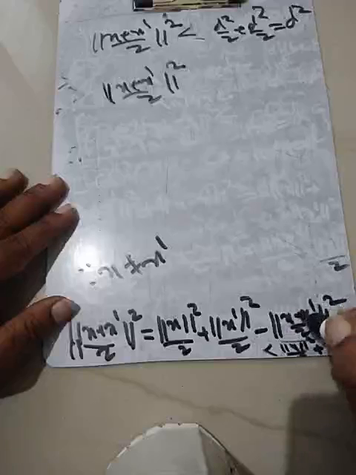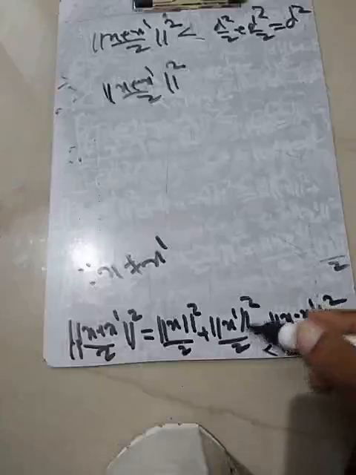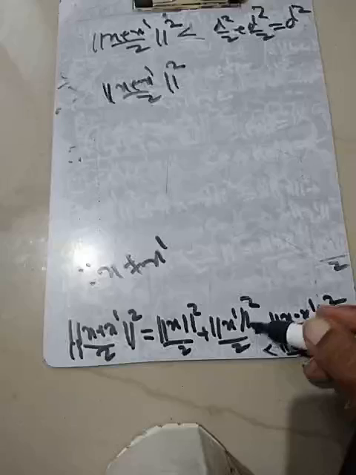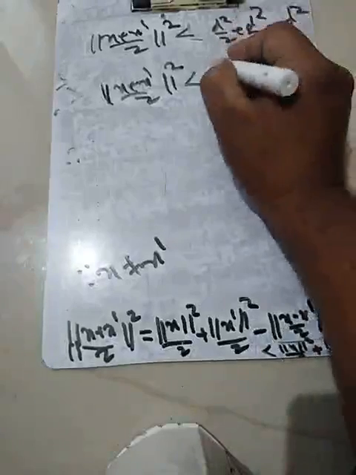If it is not 0, it is strictly some positive real number. So when you subtract a positive real number, you get a strict inequality. So this is strictly smaller than d square.